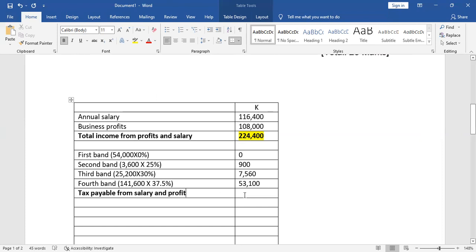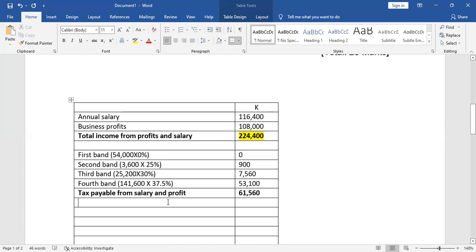Let's add 900 plus 7,560 plus 53,100. It's giving me 61,560.